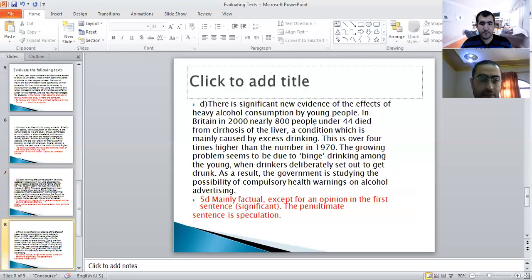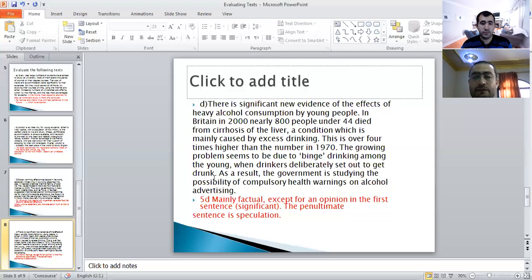The last one. There is significant new evidence of the effects of heavy alcohol consumption by young people. In Britain, in 2000, nearly 800 people under 44 died from cirrhosis of the liver, a condition which is mainly caused by excess drinking.